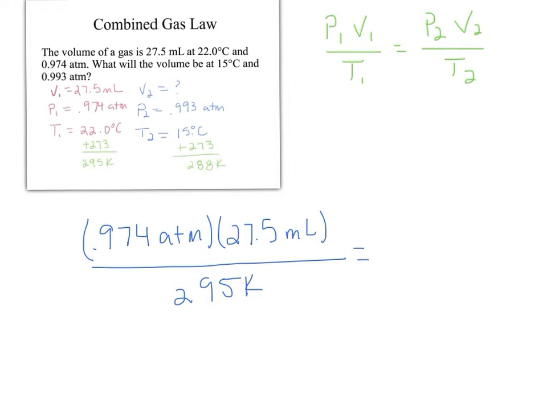All that is going to be equal to P2, 0.993 atm times my unknown variable V2 divided by 288 Kelvin.